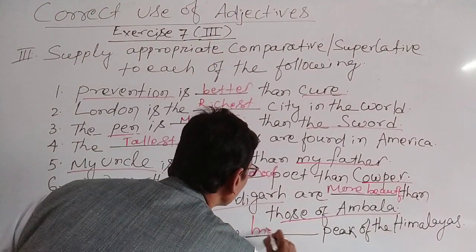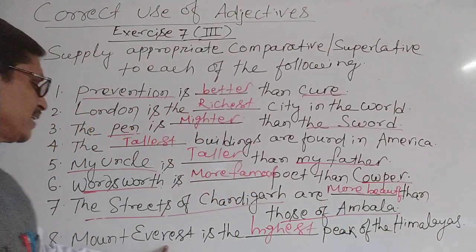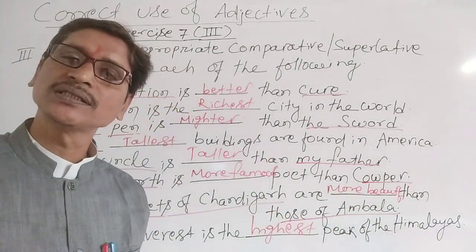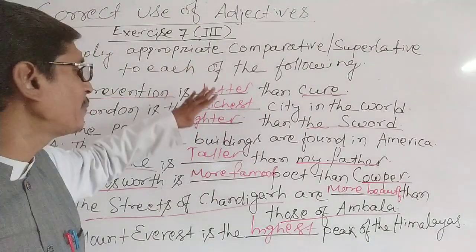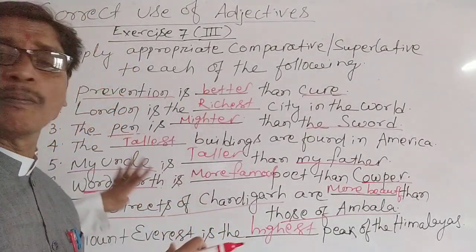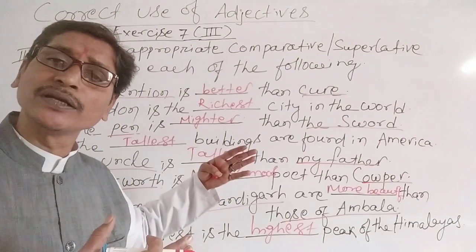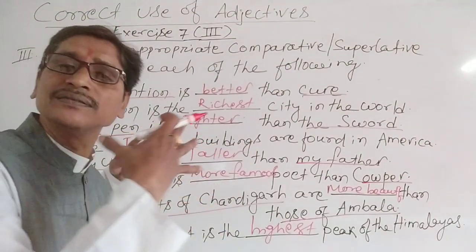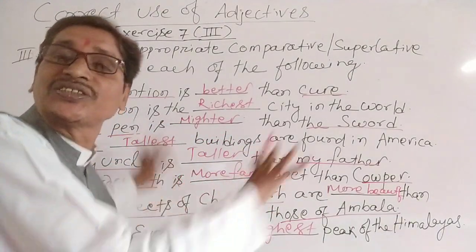The highest, H-I-G-H-E-S-T, Mount Everest is the highest peak of the Himalayas. Understand? So you understood how we have used comparative and superlative degrees of different adjectives to compare and to show the superlative and comparative between two things, two persons, two towns, two similar, as we have discussed, streets.